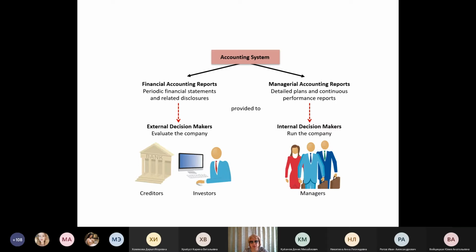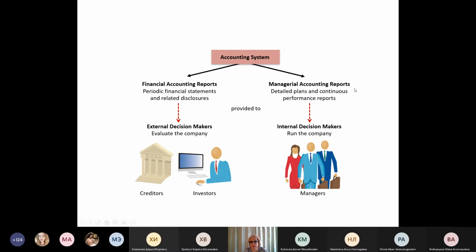For example, most employees don't have any access to accounting information, so they are external in the possibility to access it.